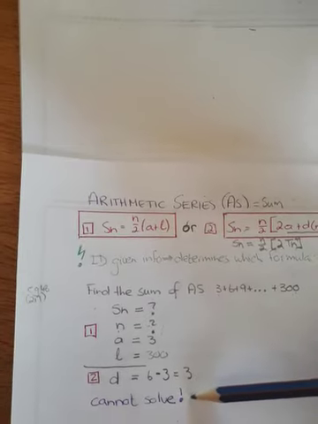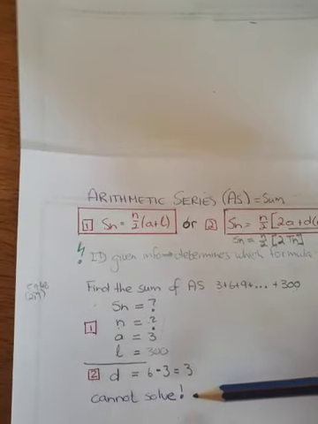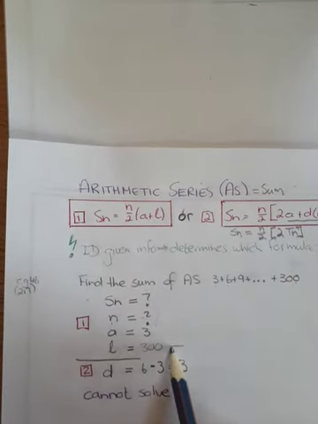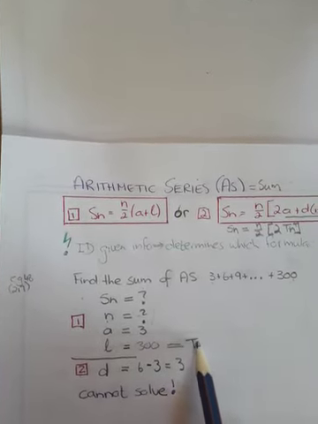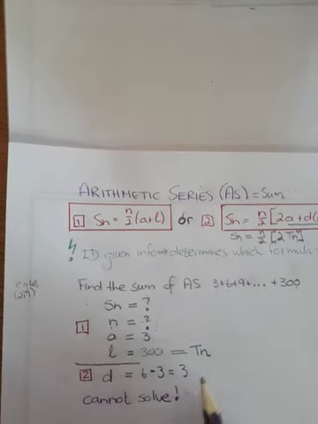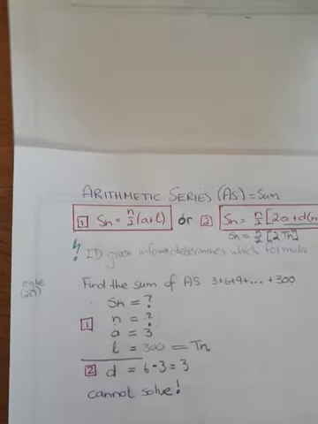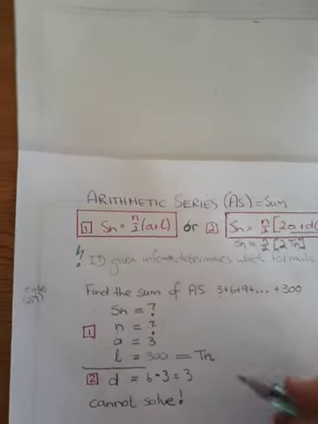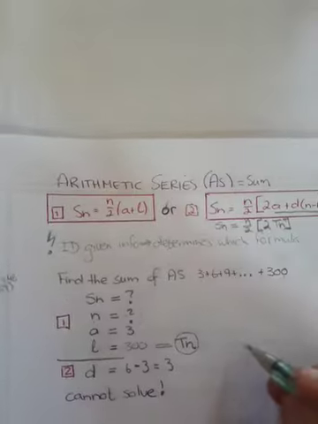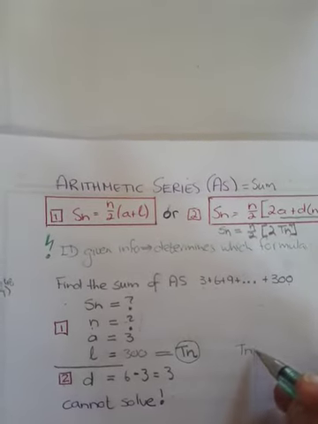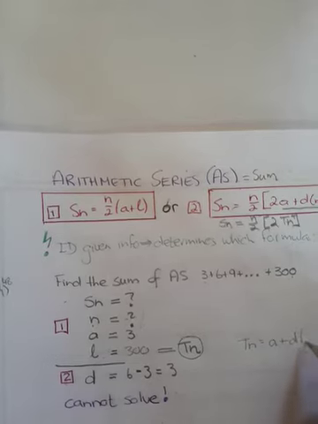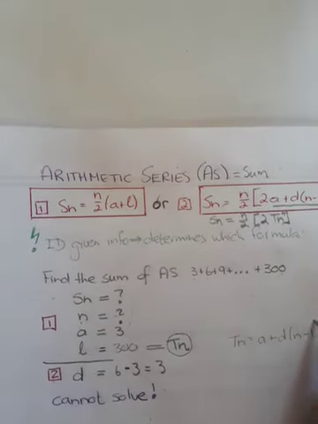So I cannot solve this as it stands. But you should also realize that the 300 is also the nth term. So when I look now, I have the variables for Tn, because my formula for Tn is a plus d times n minus 1.